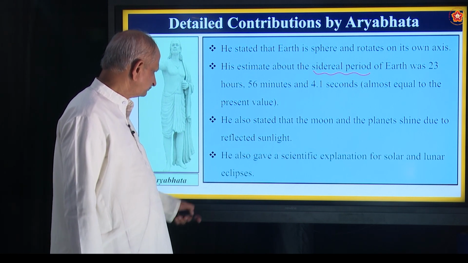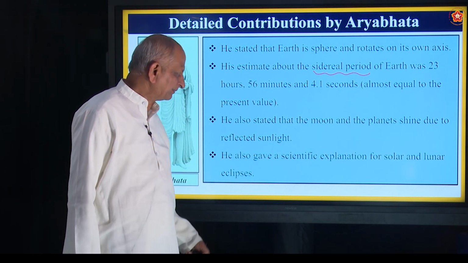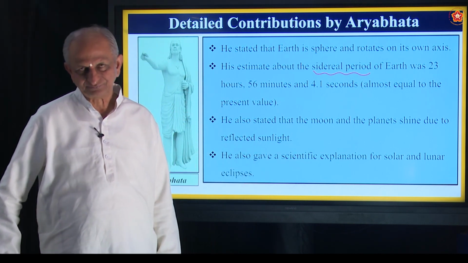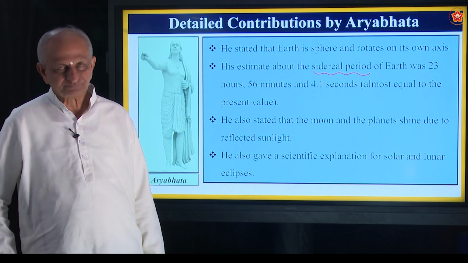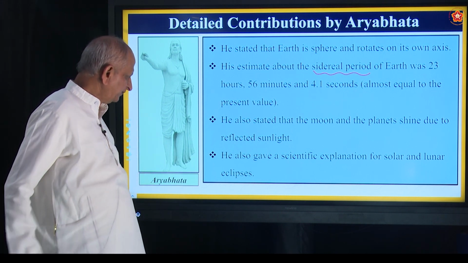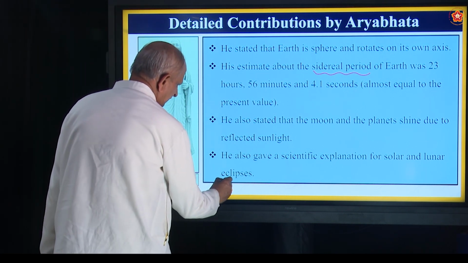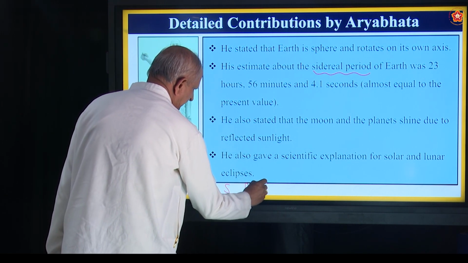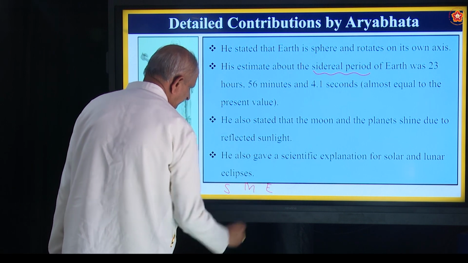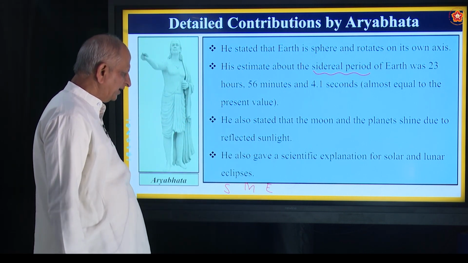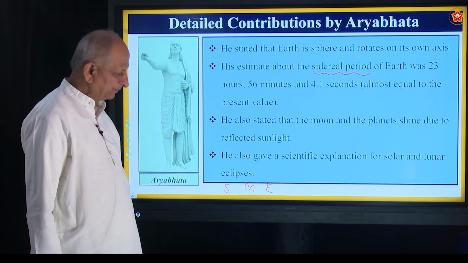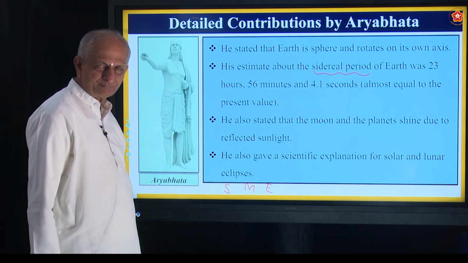And he also gave a scientific explanation of solar and lunar eclipses. What is an eclipse? An eclipse is a hide and seek play. There are two types of eclipses. If the moon comes in between the sun and earth, a solar eclipse takes place, where the moon covers the sun.